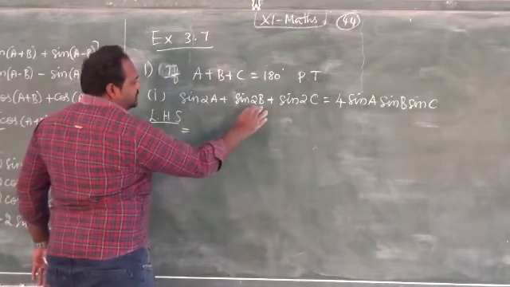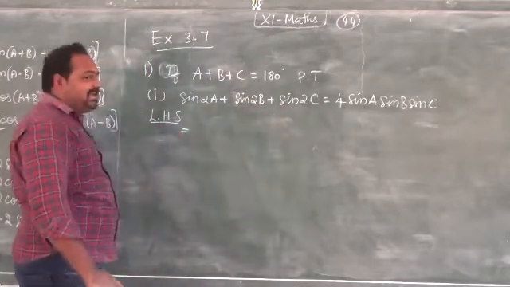LHS is given: sin 2A plus sin 2B plus sin 2C. Here I am going to use the sum to product identity.